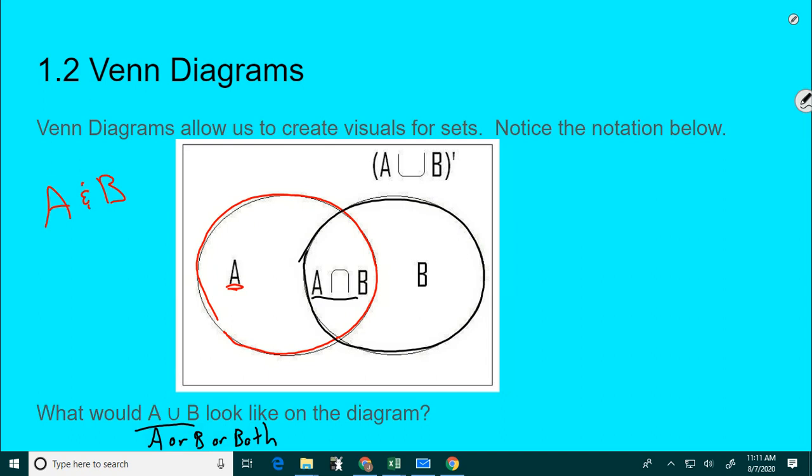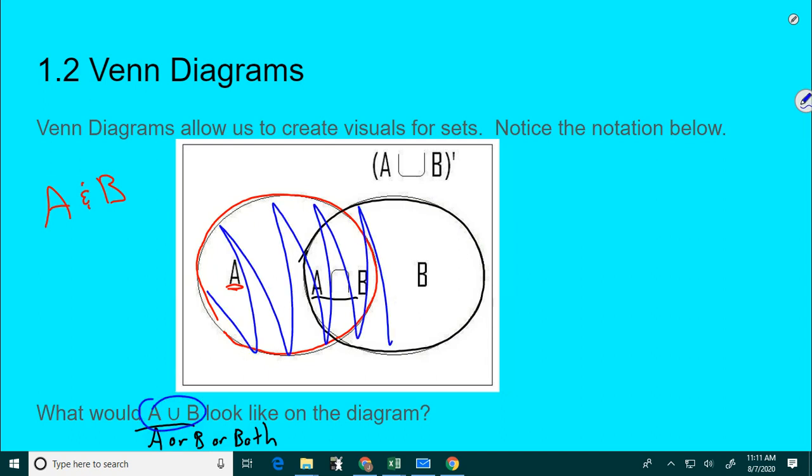So this would just be all of that. Okay, that's A union B. Notice outside here, A union B in parentheses, but we have the little complement. That's the part that's outside of the two circles. Okay?